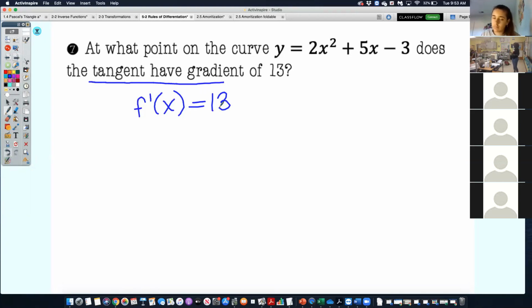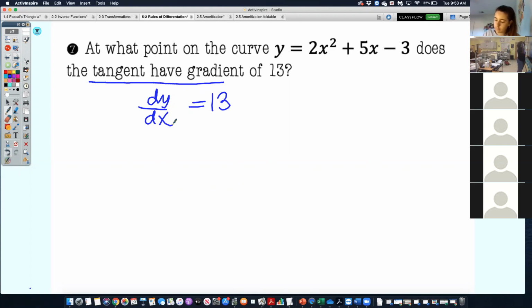We know that the slope is 13, so the first derivative has to equal 13. Let me use the proper notation, dy over dx, because it's y equals. I need to find the derivative, set it equal to 13, and solve.